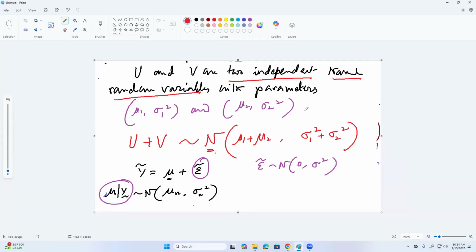Consequently, this total follows a normal distribution with mean mu n, since the mean of epsilon tilde is 0, and variance equal to the variance of mu, which is sigma n square, plus the variance of epsilon tilde, which is sigma square.